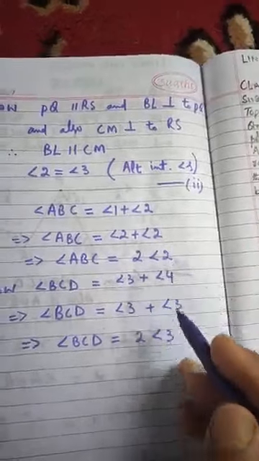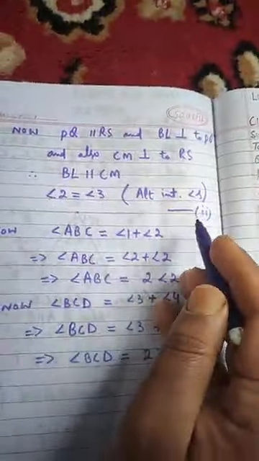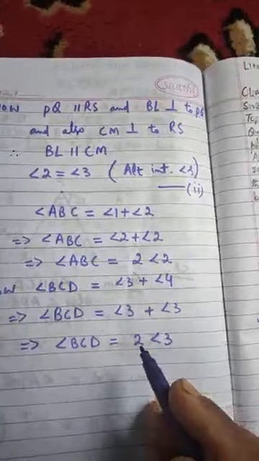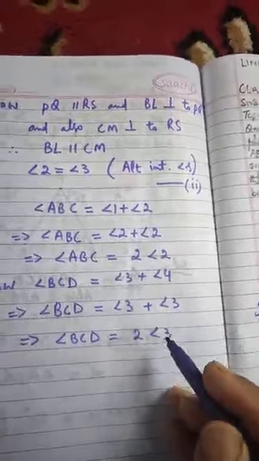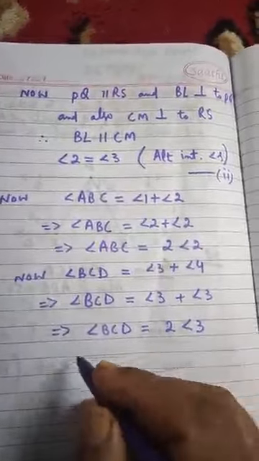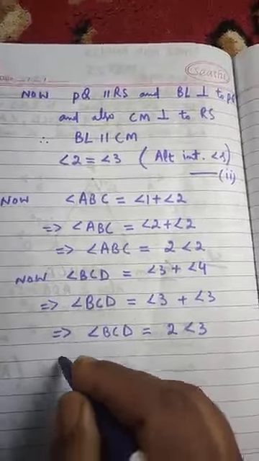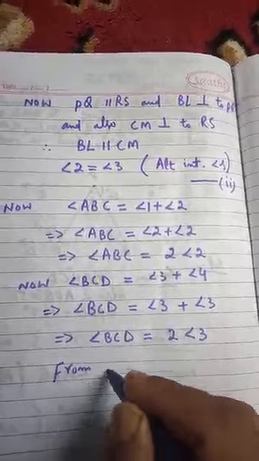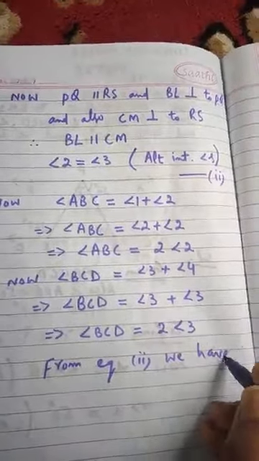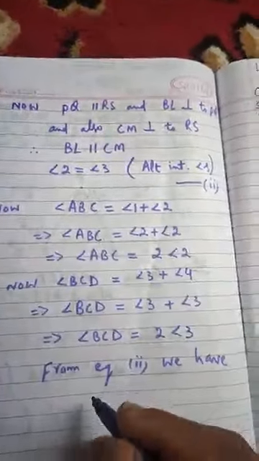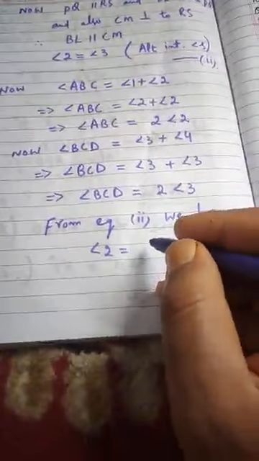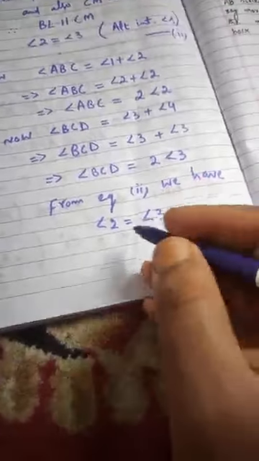Angle 2 is equal to angle 3, that is equation second, isn't it? So twice angle 2 will be equal to twice angle 3 because angle 2 is equal to angle 3 in equation second. हमारे पास equation second में है angle 2 is equal to angle 3.